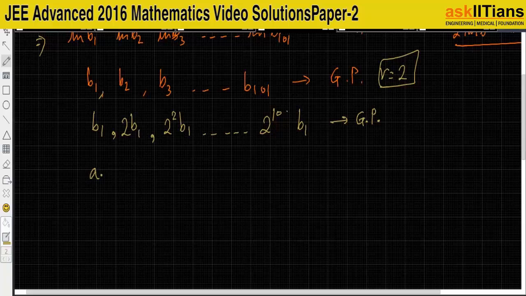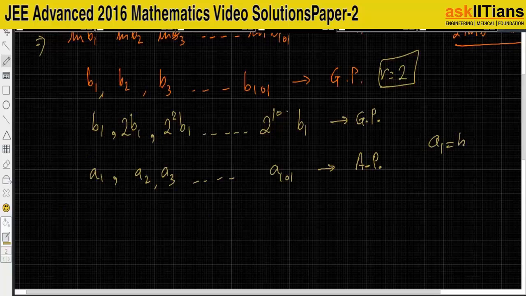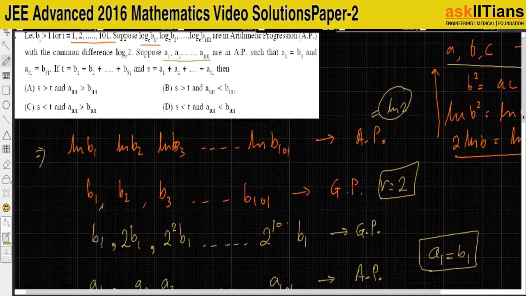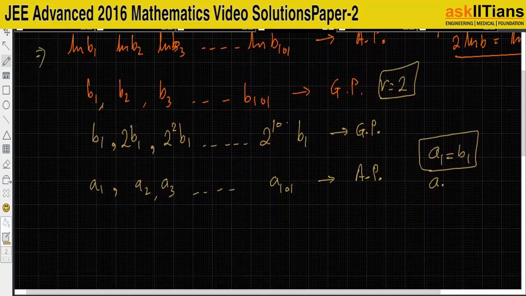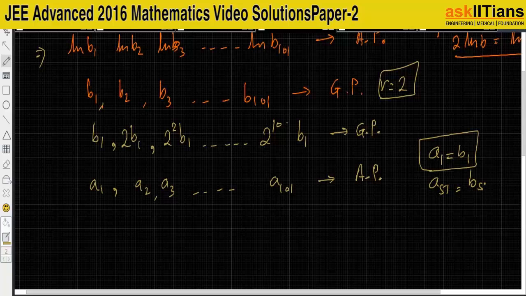So there is another series also, a1, a2, a3 till a101, an arithmetic progression, and it is also given that a1 is equal to b1. First terms of these two series are equal. And also it is given that a51 is equal to b51.